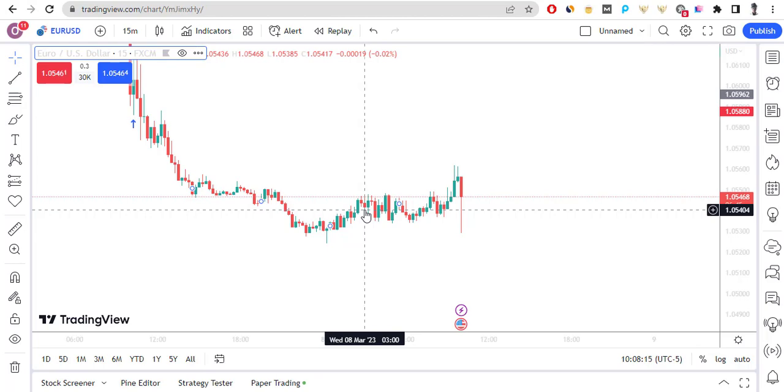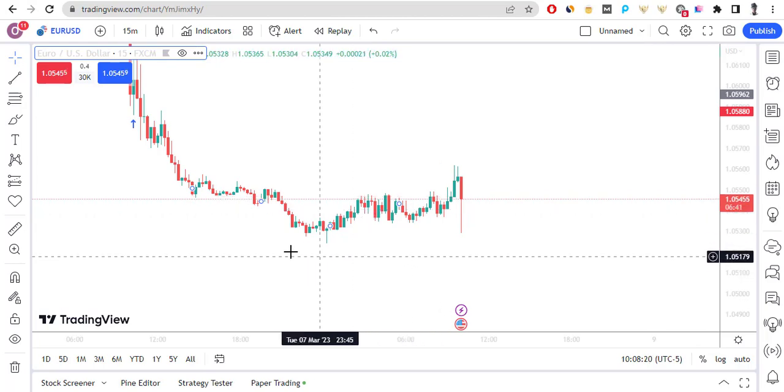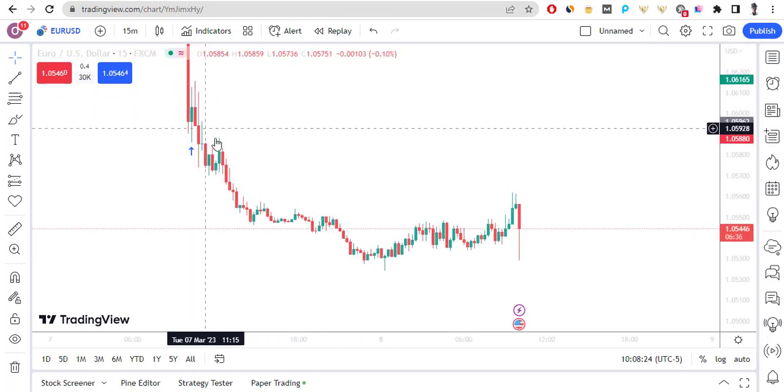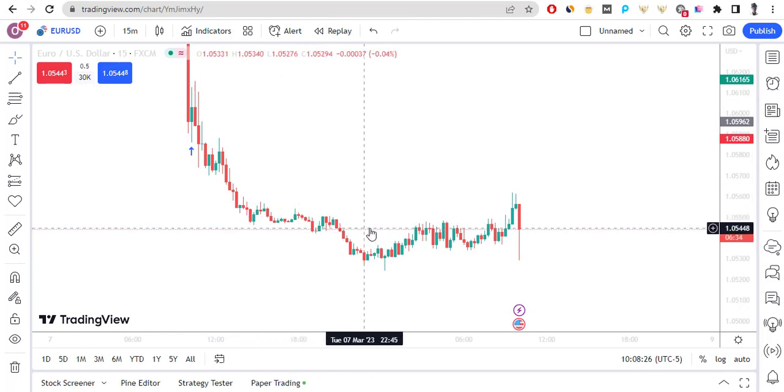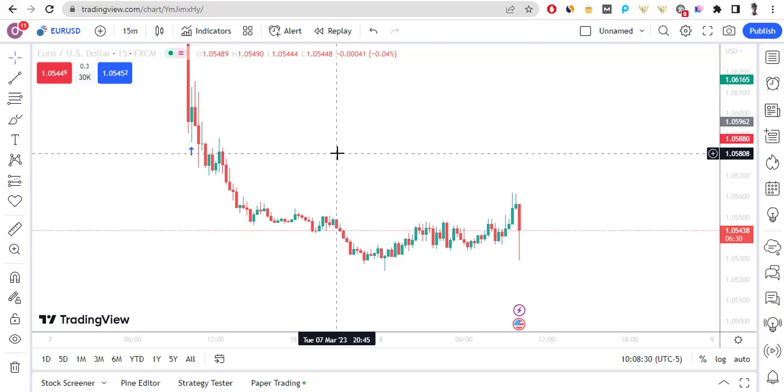So, what is support? In a downtrend, prices fall because there is an excess of supply over demand. Okay?